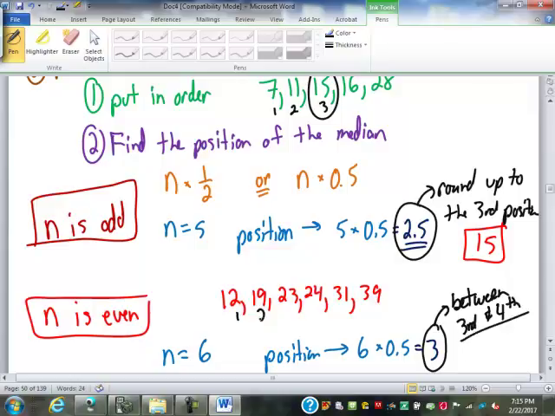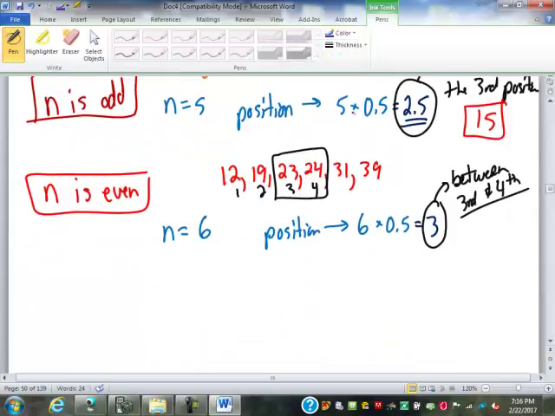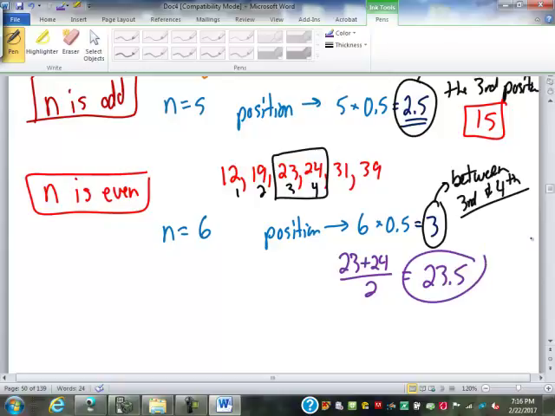So we've got 1, 2, 3, 4. The median is between 23 and 24. How do I find what's in between them? Add them together, divide by 2. 23.5. So for that data set, the median would be 23.5.